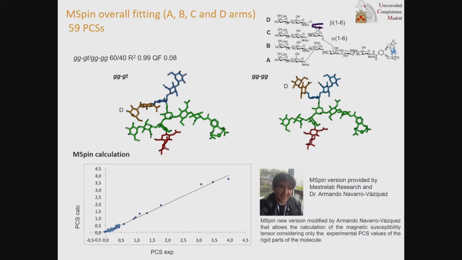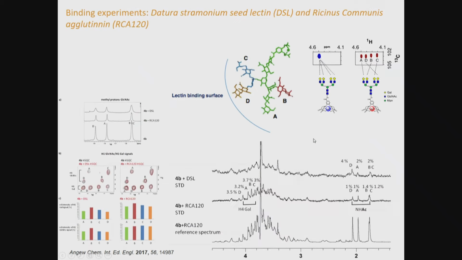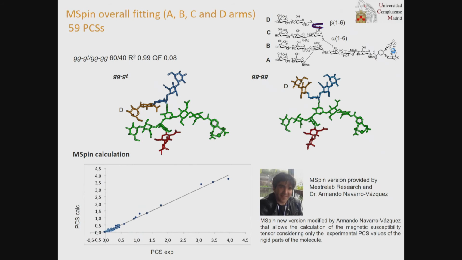Thanks to Armando Vázquez, who is now in Brazil and is the scientist that developed the program, he helped me a lot to back-calculate the pseudo-contact shifts of this structure, and we could derive that it mainly displays this type of movement of the D arm. The core is quite rigid, but the D arm, the additional beta-1,6 arm, is flexible.